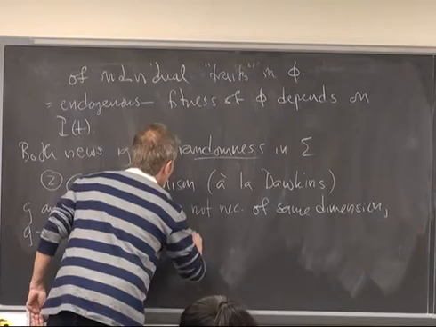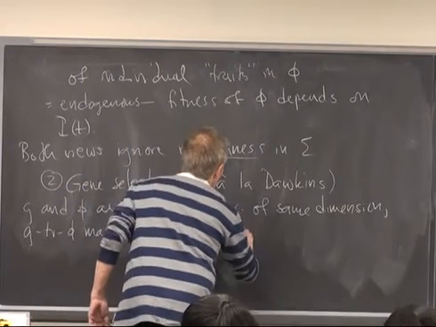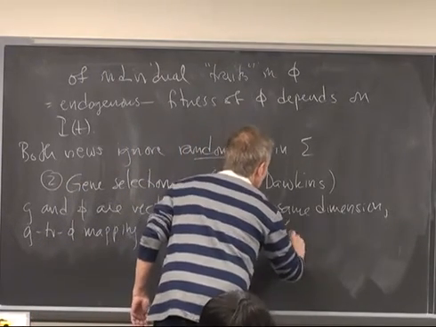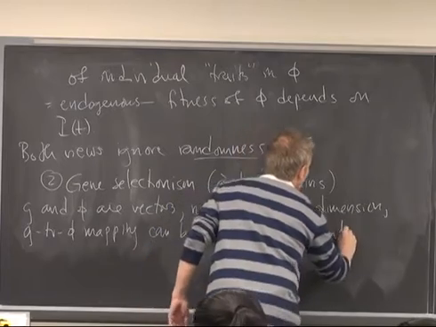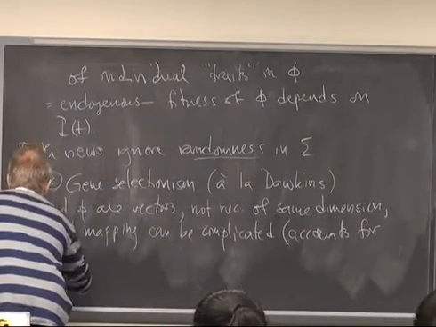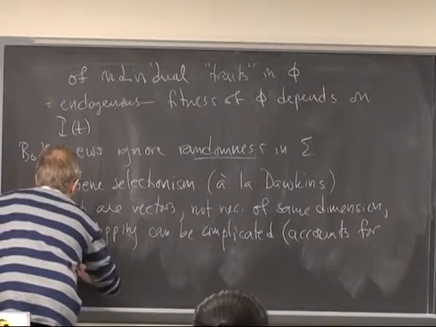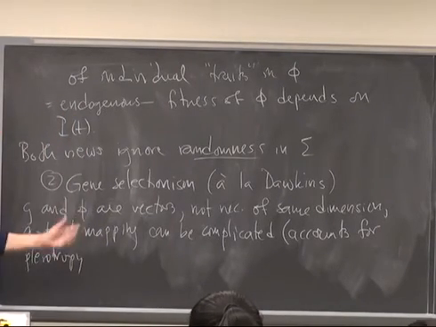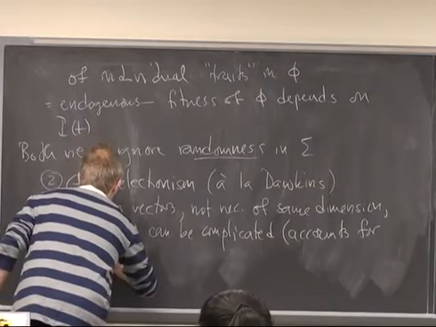So I want to say it can be complicated. And this accounts for these actual biological effects of pleiotropy, which is one gene affecting many traits, and polygyny, or polygeny.